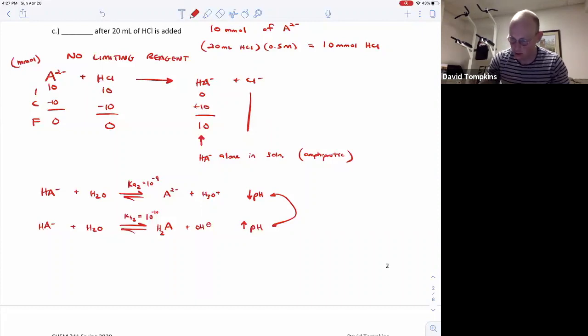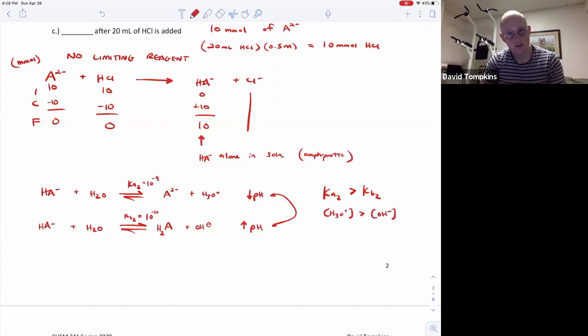What I see here is that Ka2 is greater than Kb2. So that means that the hydronium is greater in concentration than hydroxide. It's making more product if the Ka is larger than the Kb. You're making more of this side, which means the pH should be less than 7.